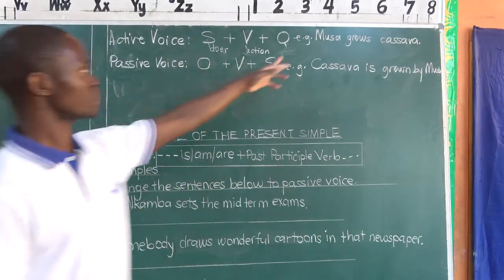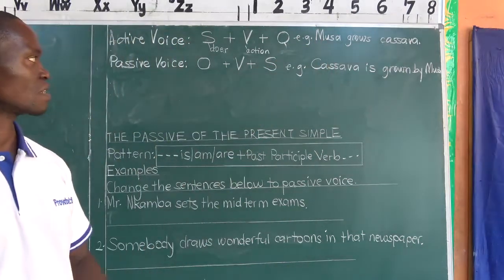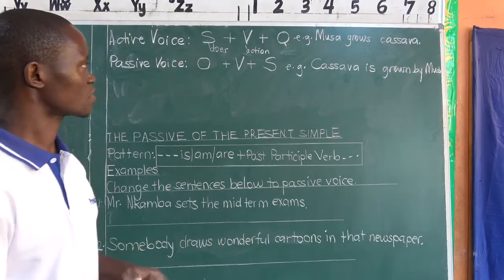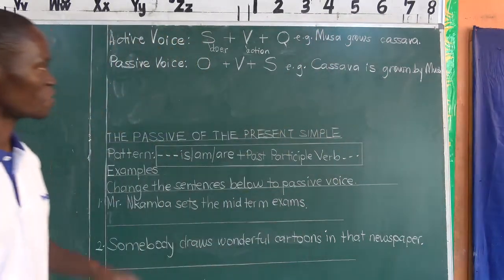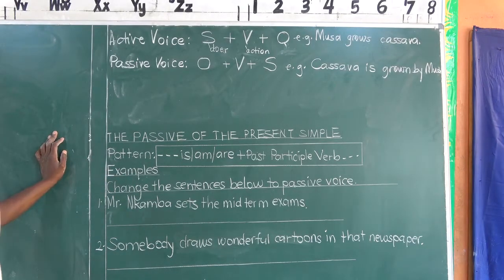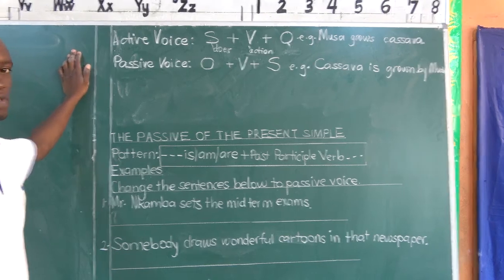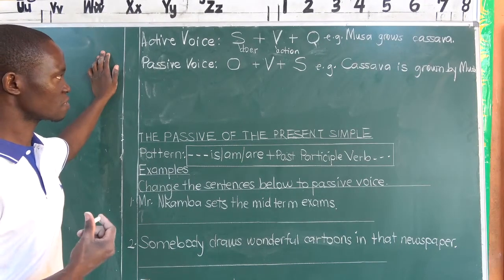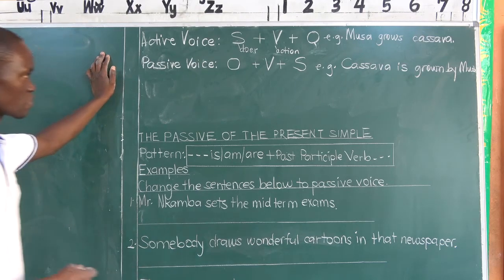Both of these sentences are in the present simple, and the examples show us how we can change them from active voice to passive voice. I believe that introduction is enough. What you should note is a sentence in the passive voice begins with the object, while a sentence in the active voice begins with the subject.